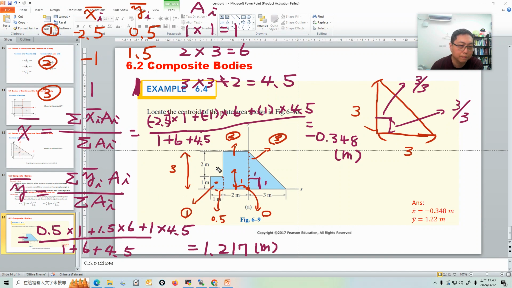But the neutral axis is for later in this course. I have to introduce this to you because it is really used a lot in this course.